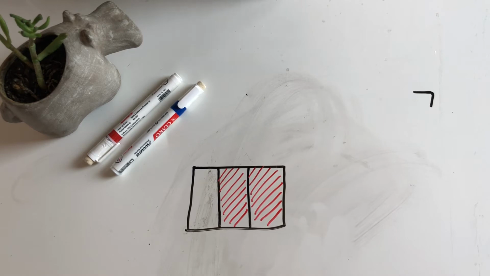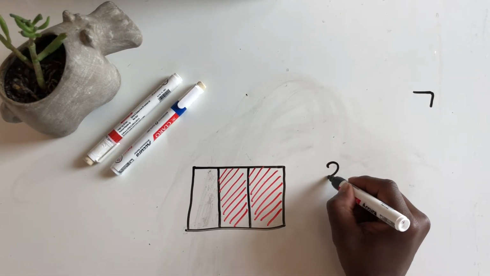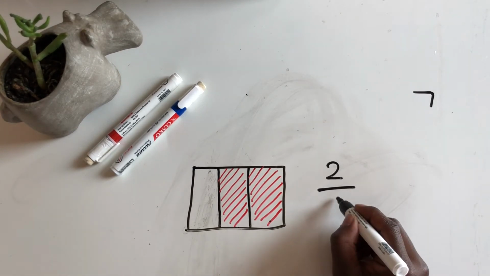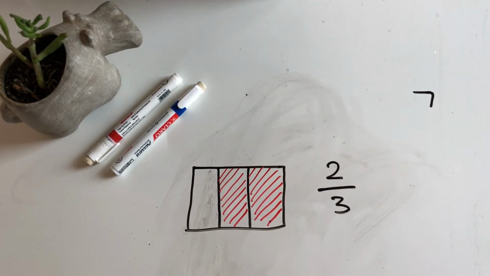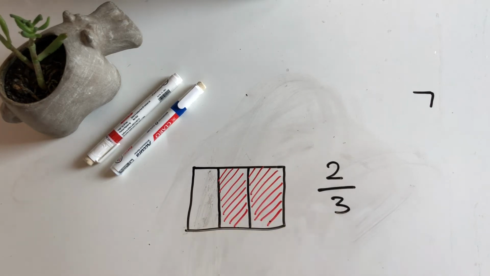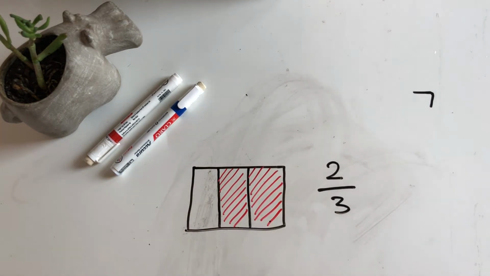So the fraction represented here would be 2 being the numerator, over 3, 3 being the number of equal parts, so the total number of parts the shape has been divided into. Okay? Let's look at another one.